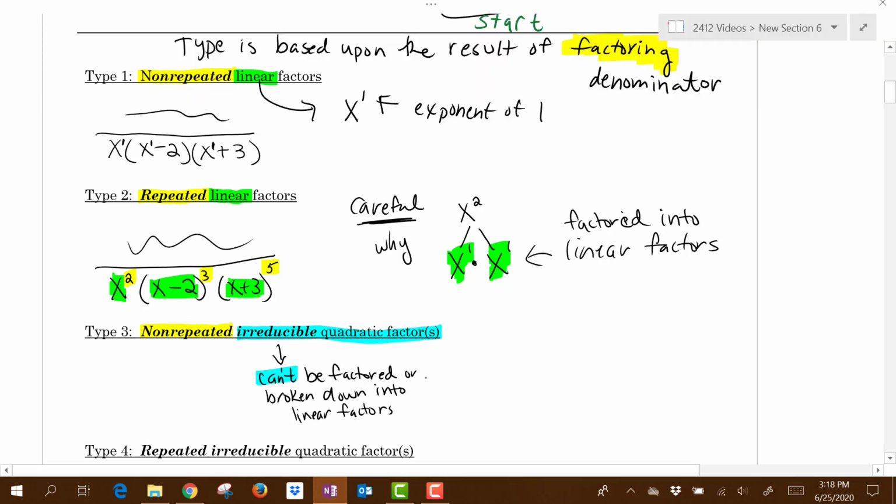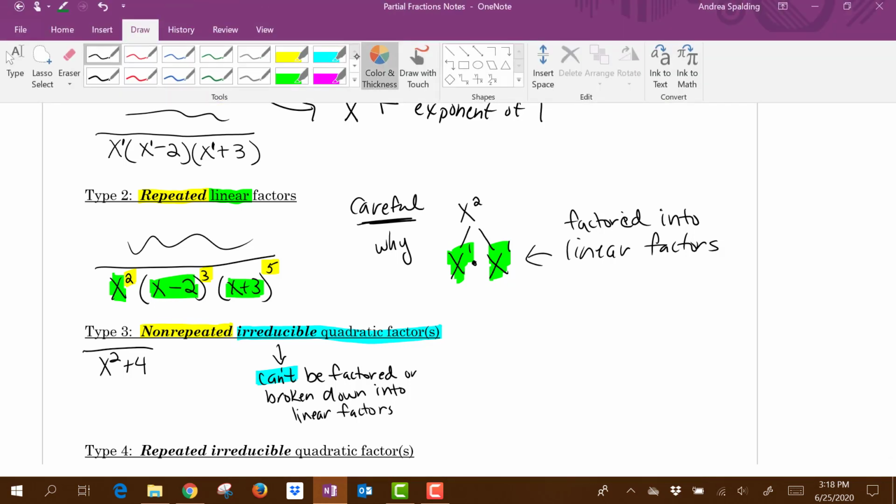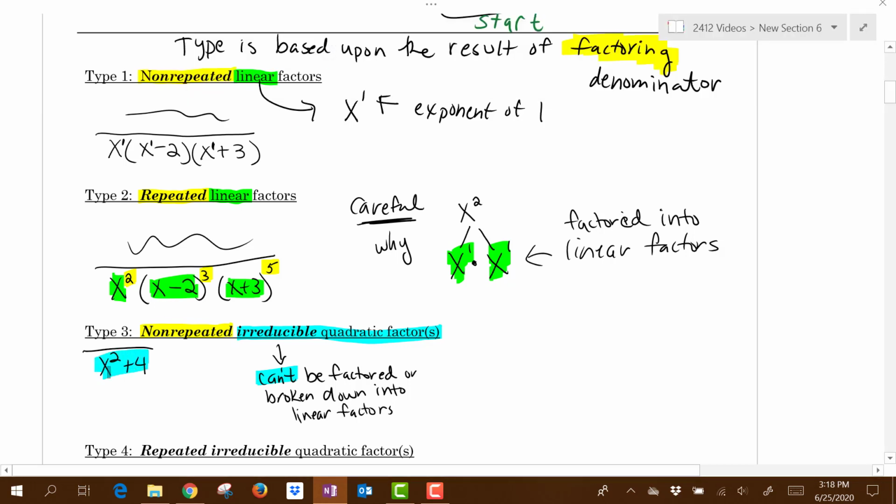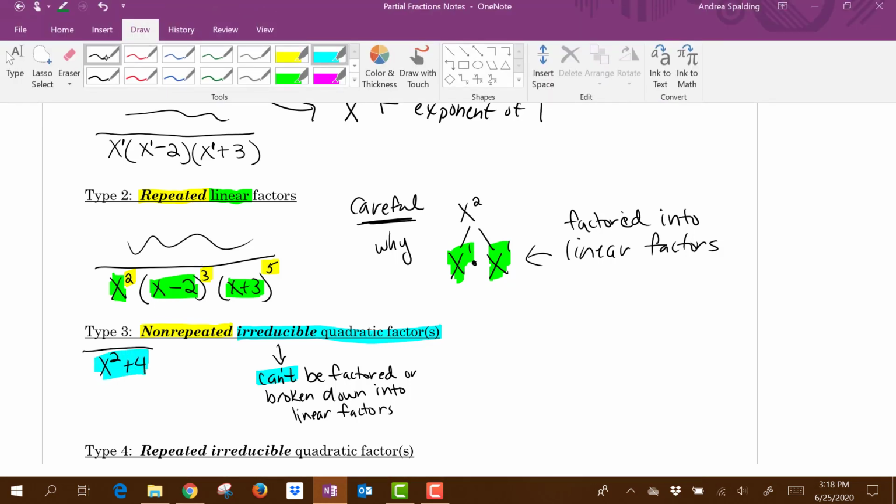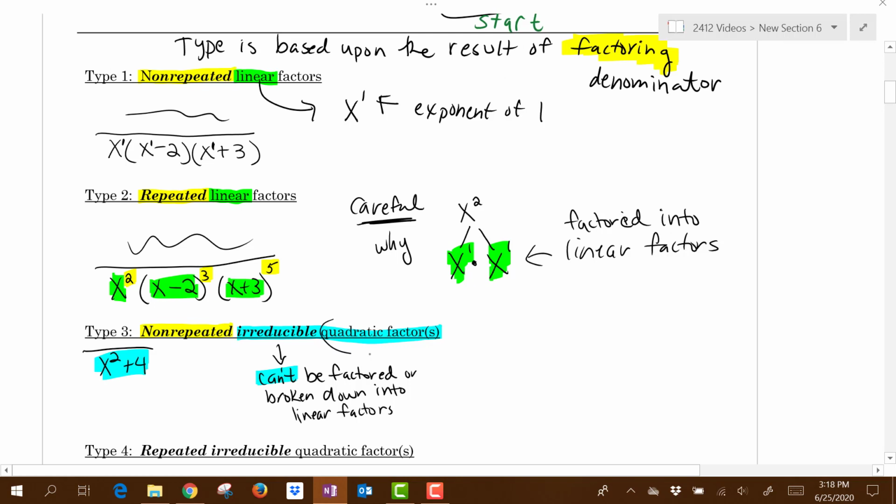All right, so what are some examples of that? X squared plus 4. If that's part of the denominator, that's actually an irreducible quadratic factor. Now quadratic, typically we associate with the idea of an exponent of 2.